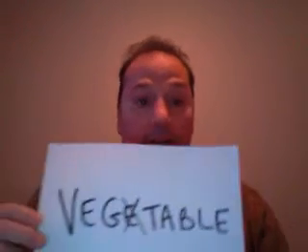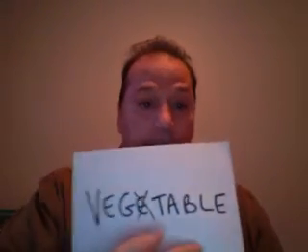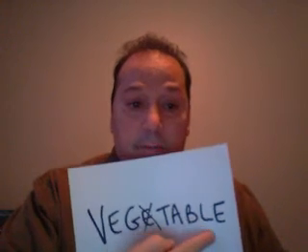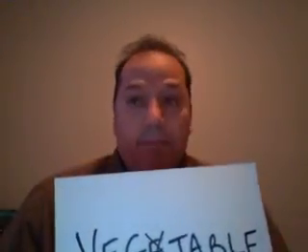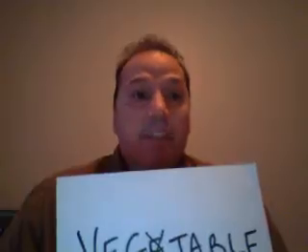Of course, we are not pronouncing this e as well, because this is included like a table. Table is just 1 syllable. Vegetable. I repeat, vegetable.